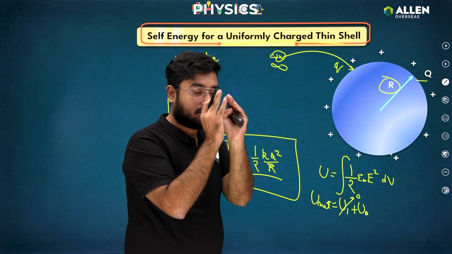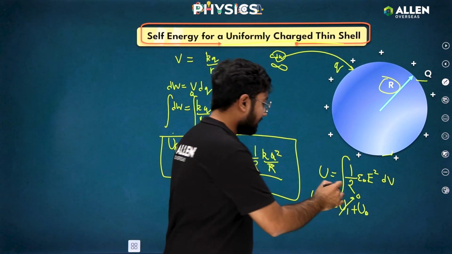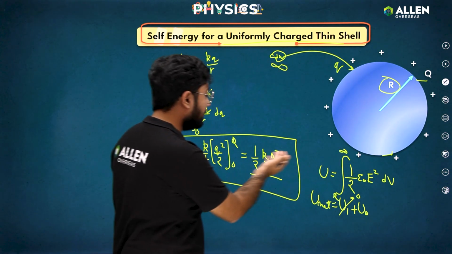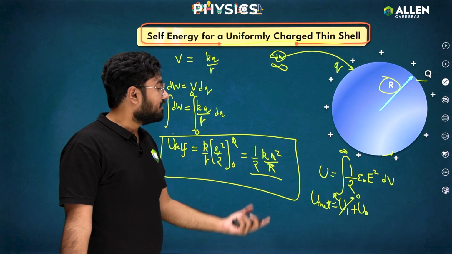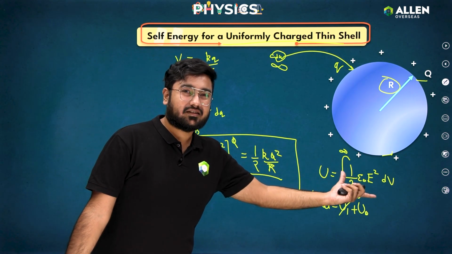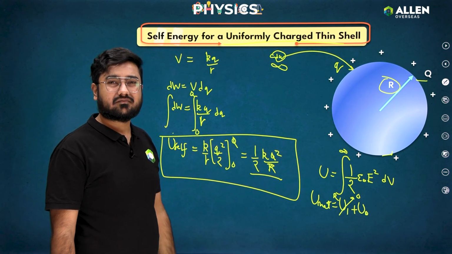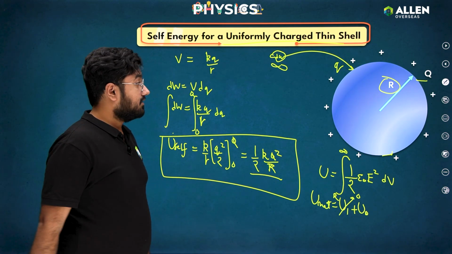Electric field exists from this point to infinite. So integrate this thing from R to infinity and you will get the same result. Trust me on that. So this is one way to get to it, and this is the simplest way, right? Charging that sphere.